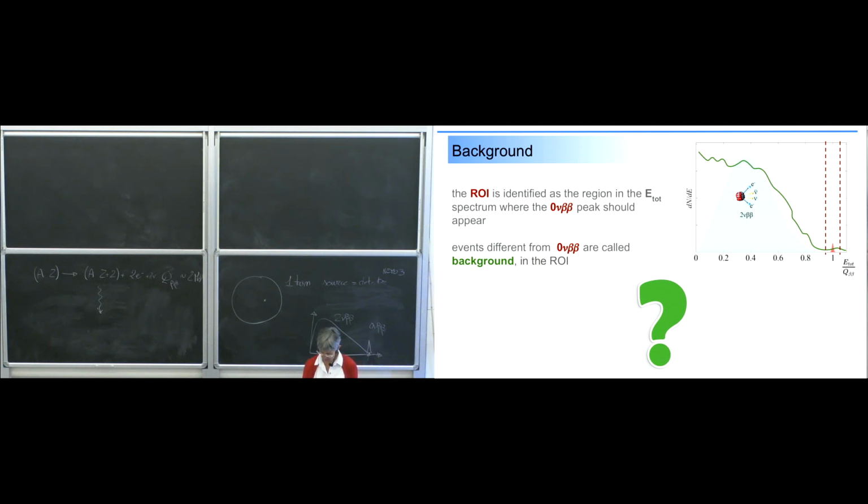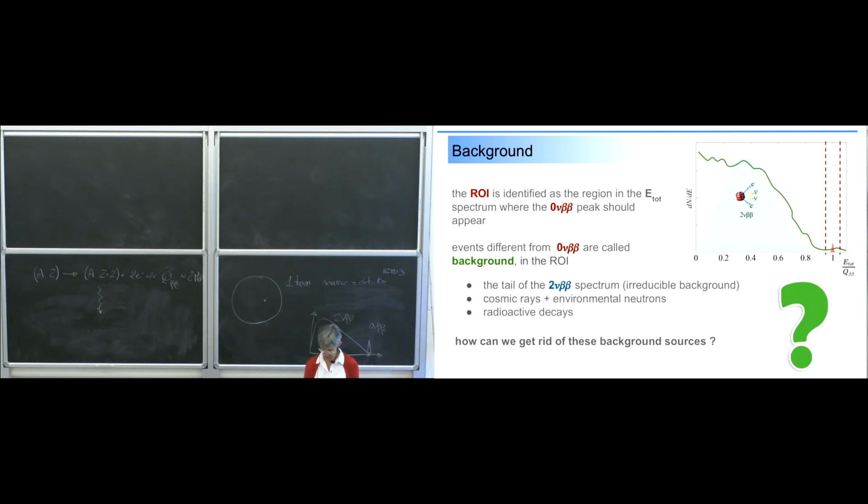And so the exercise I want to do is to understand what these sources are that here I have listed. They are for sure cosmic rays. Then I have environmental neutrons that are connected to cosmic rays, but we generally separate their analysis.